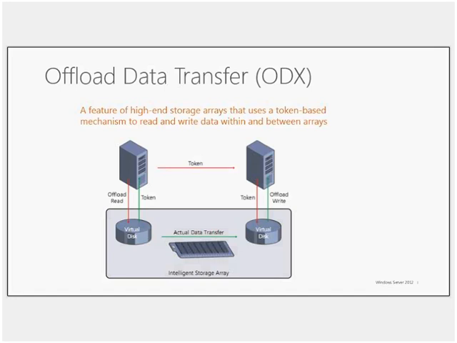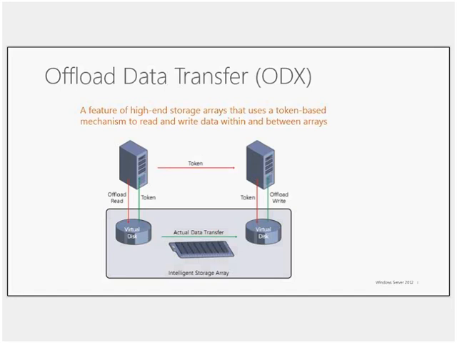So when you migrate a VM, within or between storage arrays that support ODX, the only thing copied through the servers is a little token, my friend. A token representing the VM file, not the underlying data in the file. So VM operations can benefit using ODX-capable storage hardware, including the expansion of dynamic VHDs, the merging of VHDs, or live storage migration.